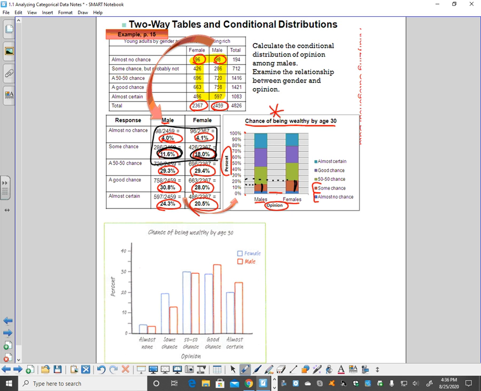So when I compare this, I am not comparing where the purple hits. I'm comparing how big each purple section is to each other. So again, I think these are really difficult, number one, to make, and number two, I think they're really difficult to read as well.